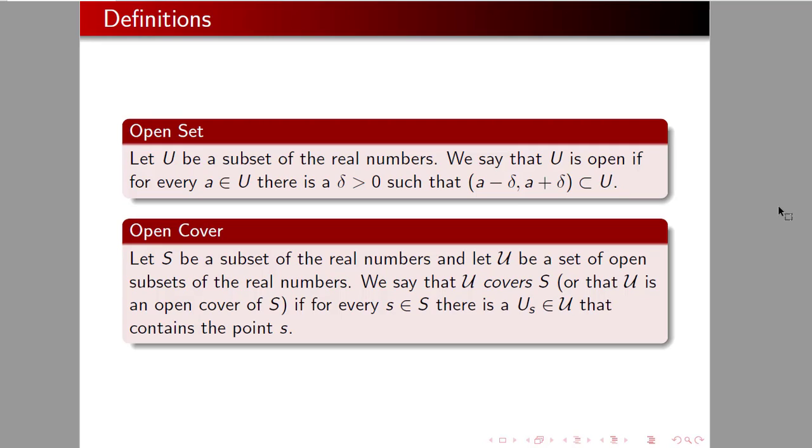We say that this script U covers the set S, or that script U is an open cover of S, if for every little s element of capital S there is an open set U sub s element of script U that contains the point s. So the elements of the set script U cover up the set S.